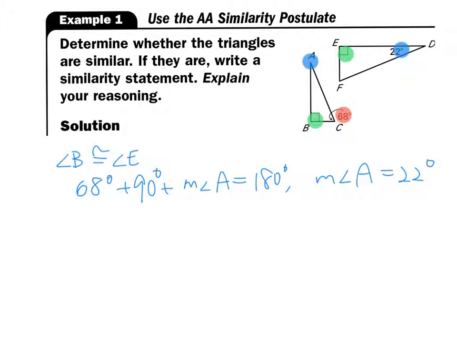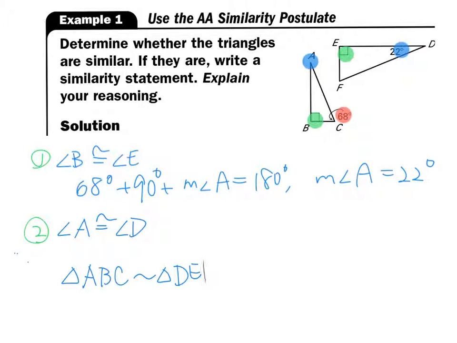So the conclusion we're drawing is angle A and angle D are congruent. Now I have the first set of angles that are congruent, and the second set that's congruent. Now I can draw the conclusion that triangle ABC is similar to triangle DEF.